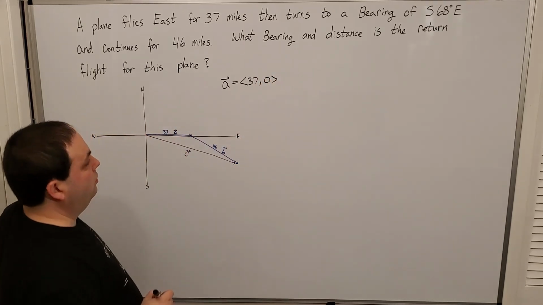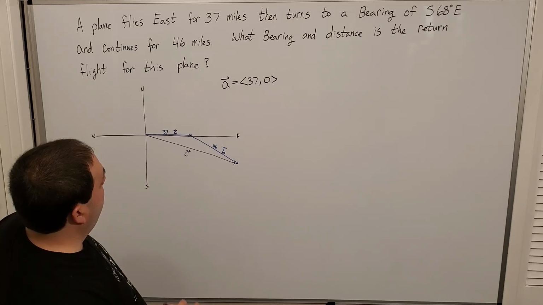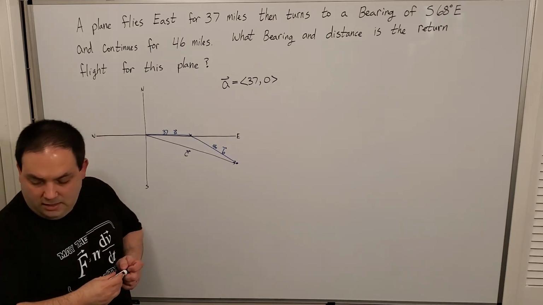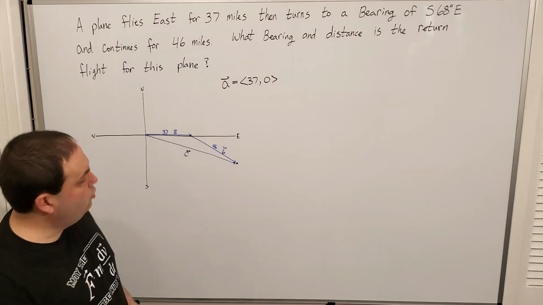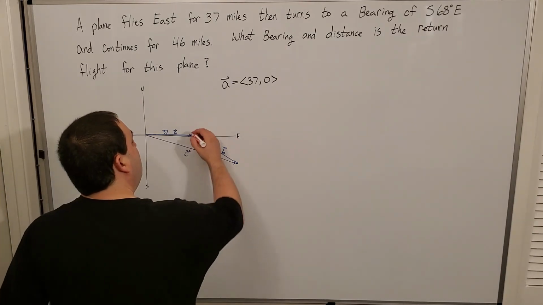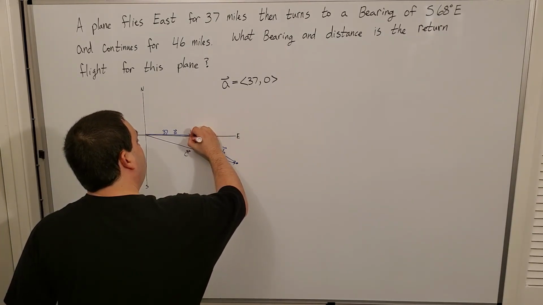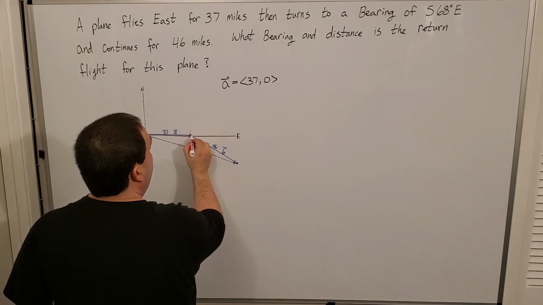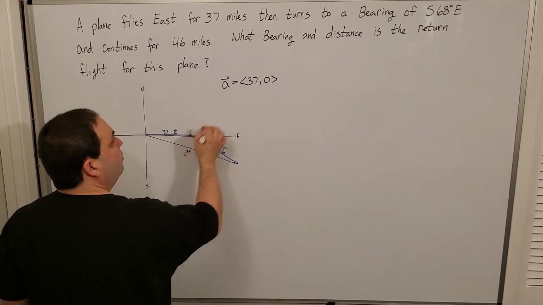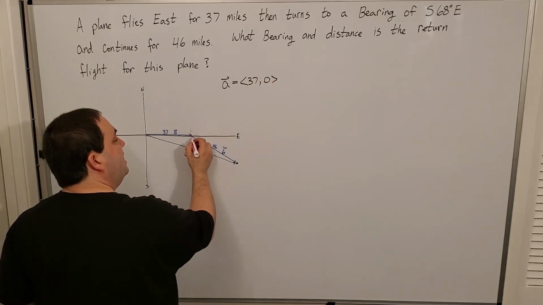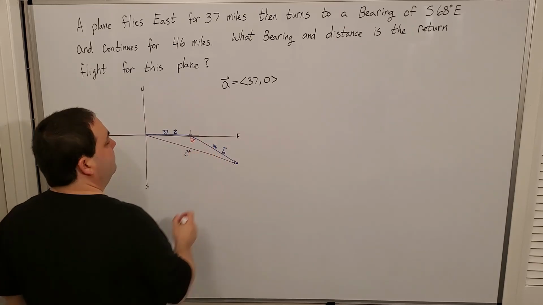Okay? Then, to create vector B, just put a little north, south, east, west line pairing here. And remember, the bearing was 68 degrees east. So in other words, I've got this angle right here is 68 degrees.